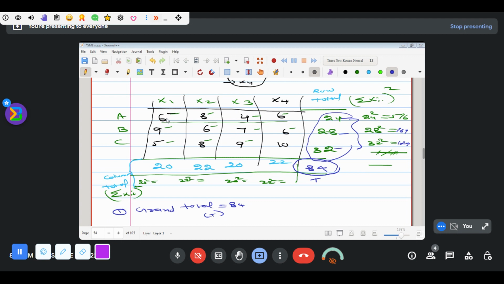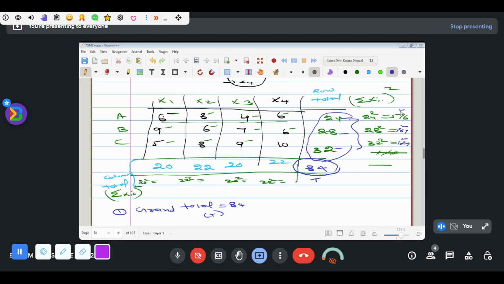Please check that each data count is equal, that means the number of data values are equal. 1, 2, 3, 4. Therefore this is 4 values in total. Also this is 4 values in total, and this also 4 values in total.